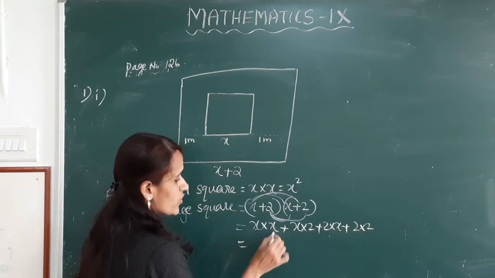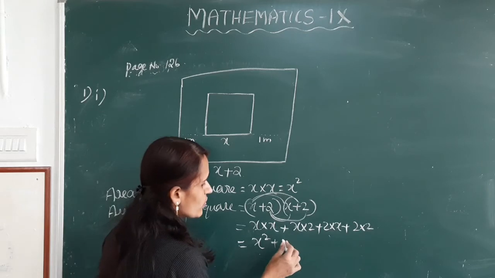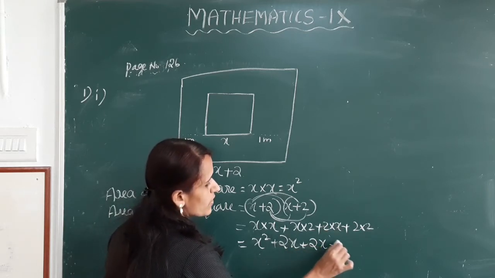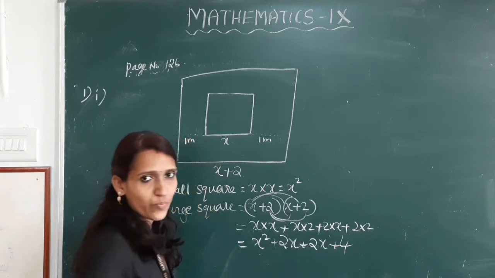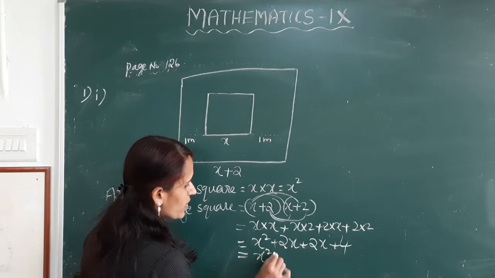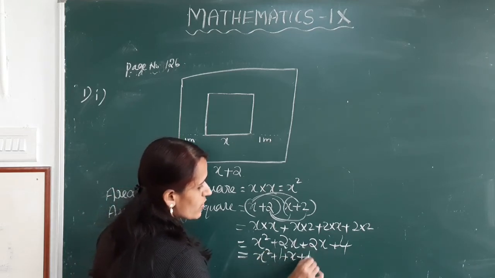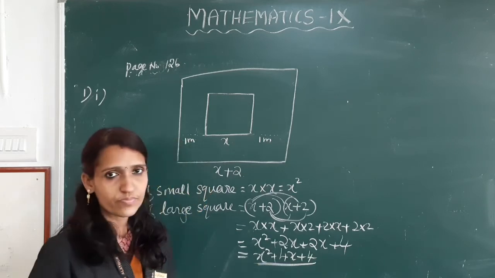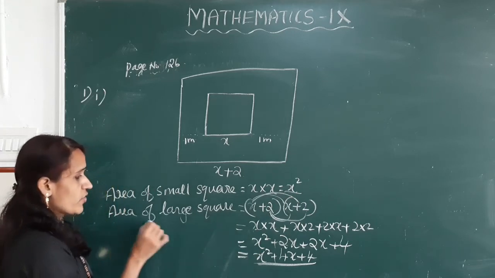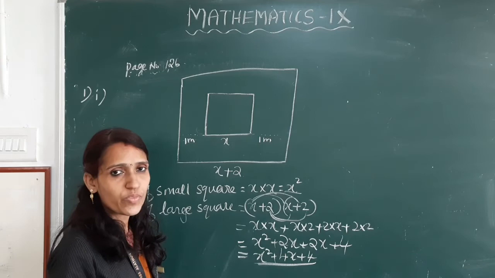This is equal to x into x, x square, plus x into 2, 2x, plus 2x plus 2 into 2, 4. This is equal to x square plus 2x plus 2x, 4x, plus 4. Area of the small square is x square, area of the large square is x square plus 4x plus 4.